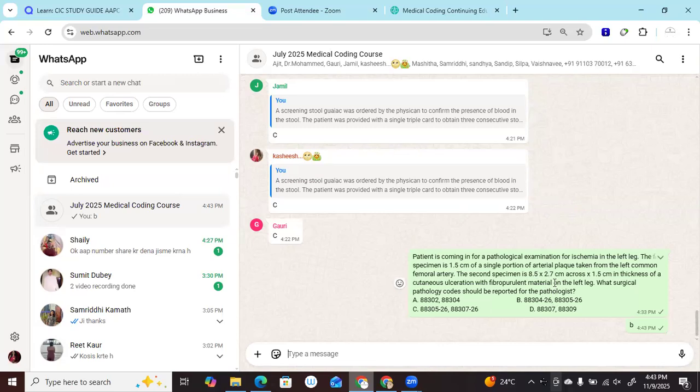In our case, the pathologist is not taking the specimen, just interpreting it, right? Yes, that's the only reason we have to use this code. Okay, got it. Any other questions? You just have to make sure that this code is based on the type of specimen as well as the condition or how the specimen has been taken.